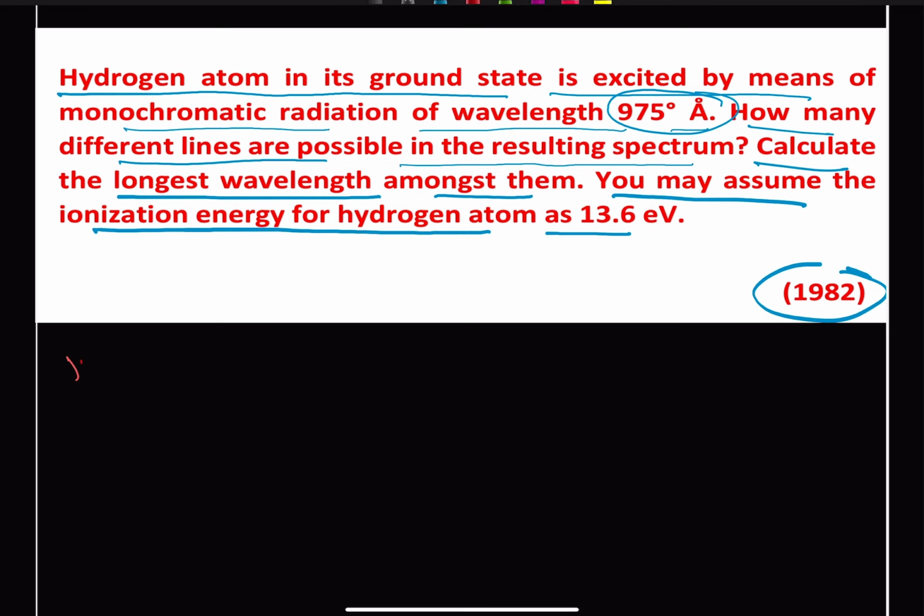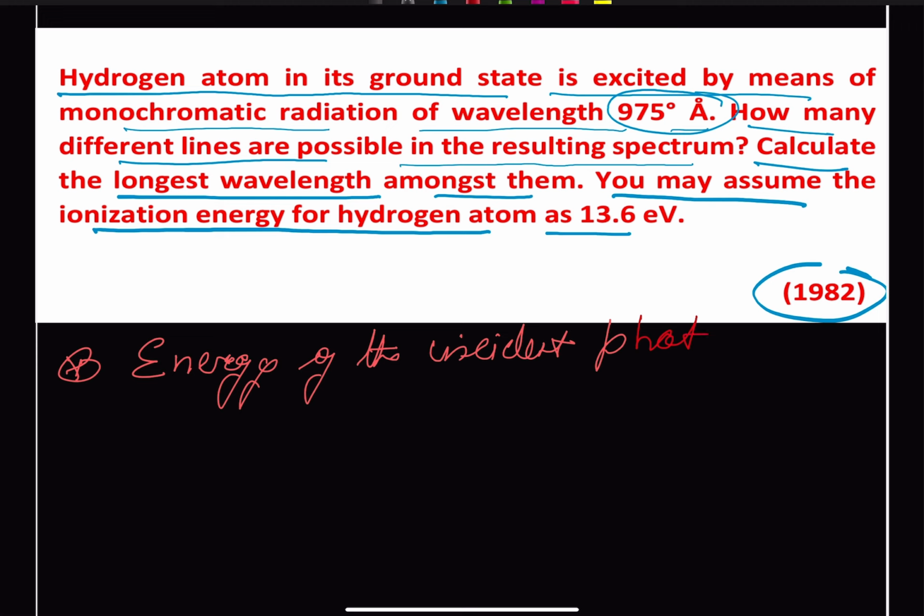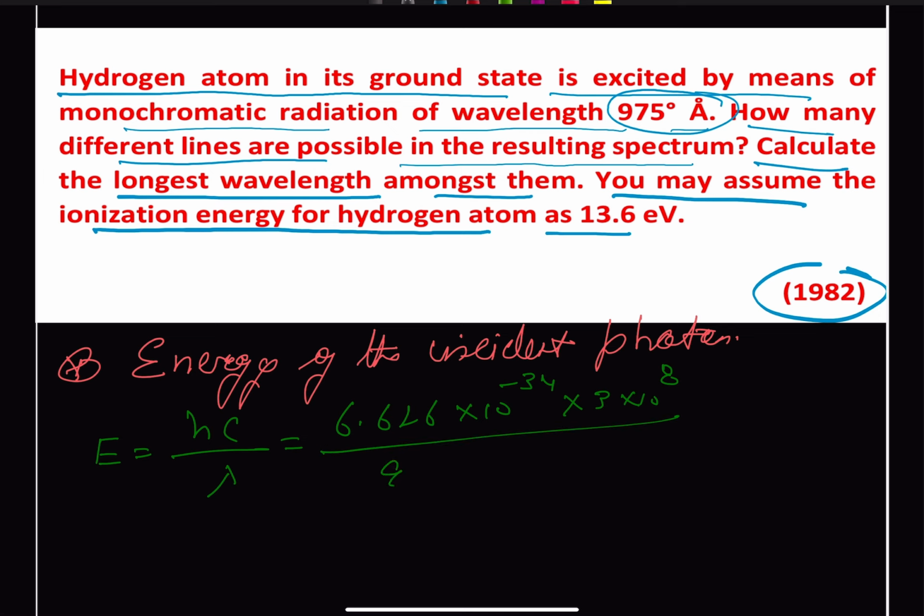So we say that the energy of the incident photon, using the relationship between energy and wavelength, we get E is equal to hc upon lambda, and this comes as 6.626 into 10 to the power minus 34 into 3 into 10 to the power 8, and lambda is 975 into 10 to the power minus 10.